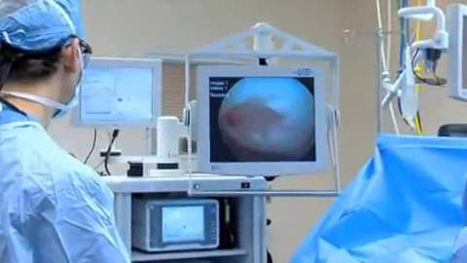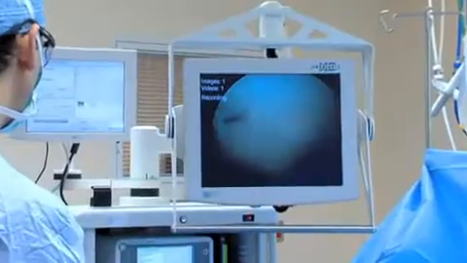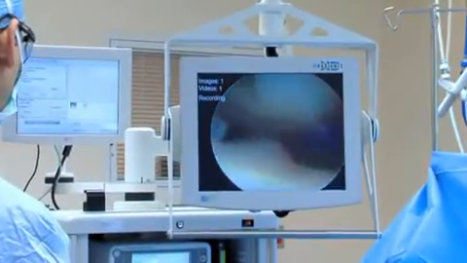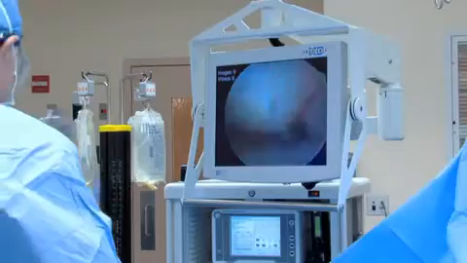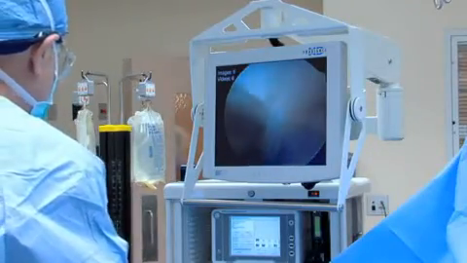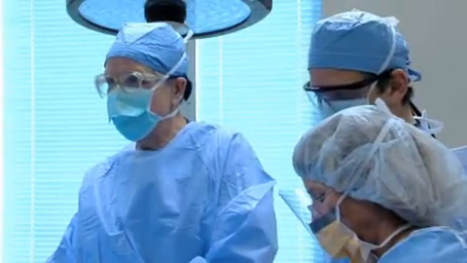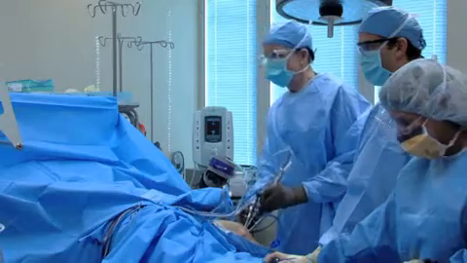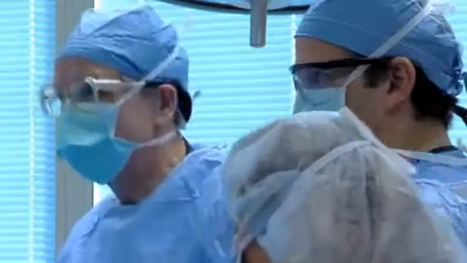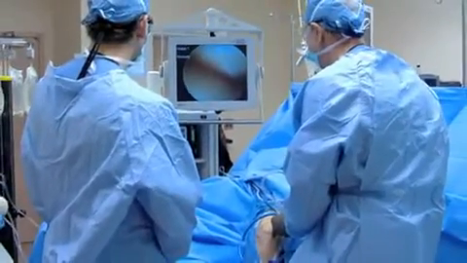A television camera is connected to the arthroscope, and a view of the inside of the joint is projected on a television monitor. The doctor moves the arthroscope throughout the joint and makes a diagnosis of the problem. If the problem can be corrected, the doctor will make another small incision and introduce operating instruments into the joint.